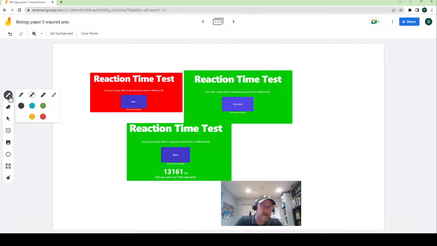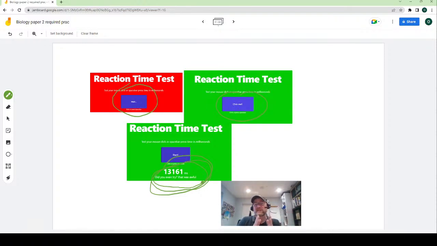You can see here, that is the reaction time of a dead person. I was just taking a shot to show you what happens. So it says wait, and then it says click me, and then when you click, it stops automatically. So the computer's doing the timing, and that takes out human error. There'll always be error when humans do timing, so it's much more effective to use a computer.